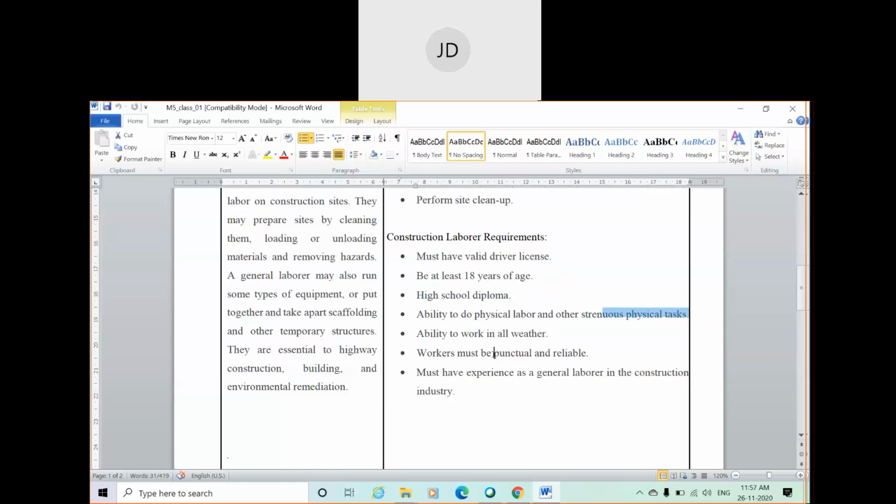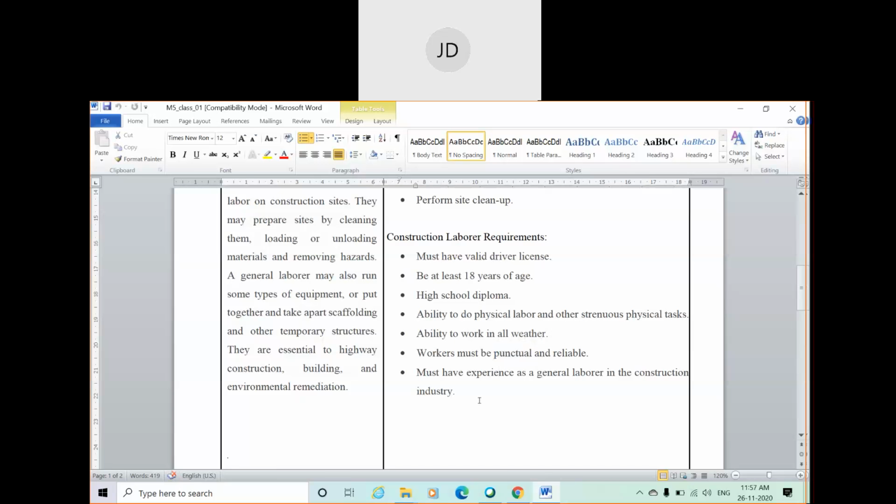But if he is not punctual or reliable, and that is not in him, all these criteria will go to waste. He is not of use. That means he must be punctual and reliable. Again, at the end, he should have some experience as a general laborer in the construction industry.